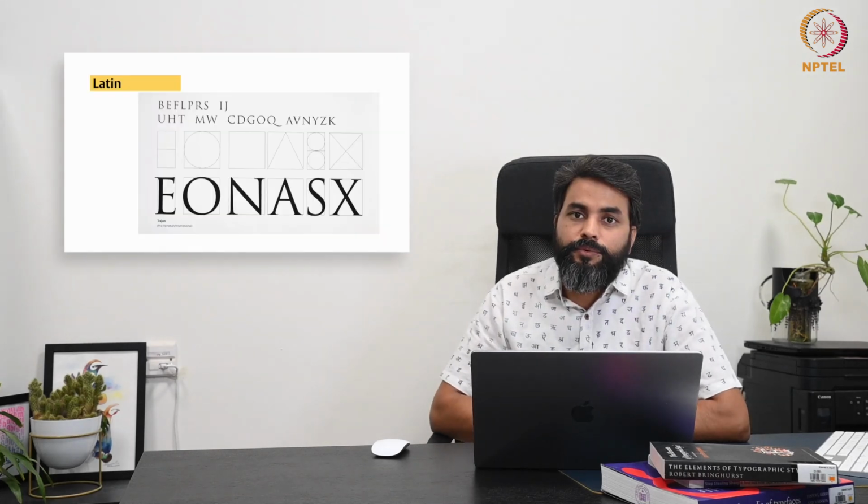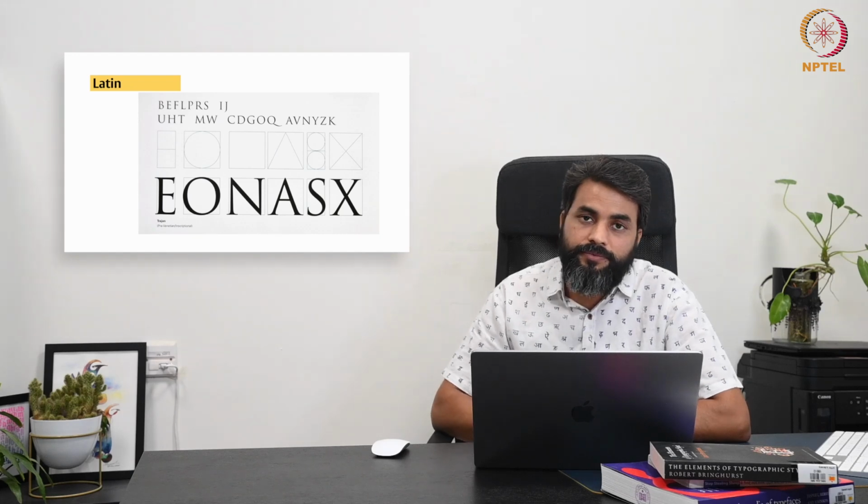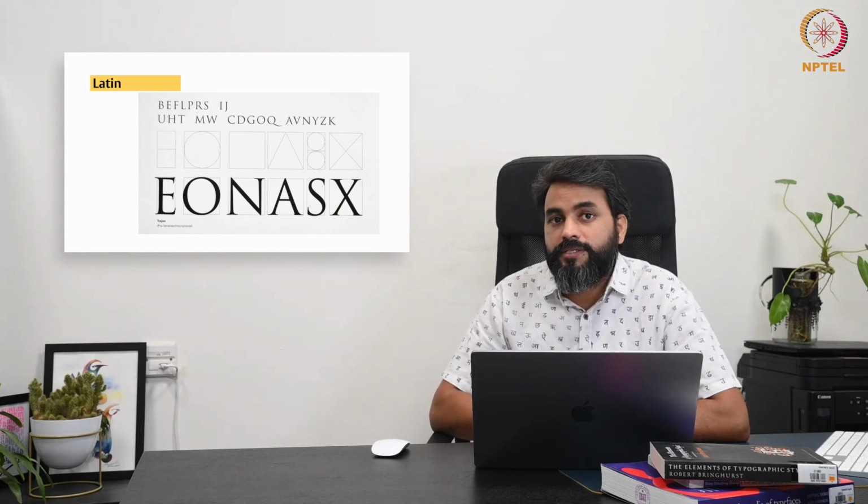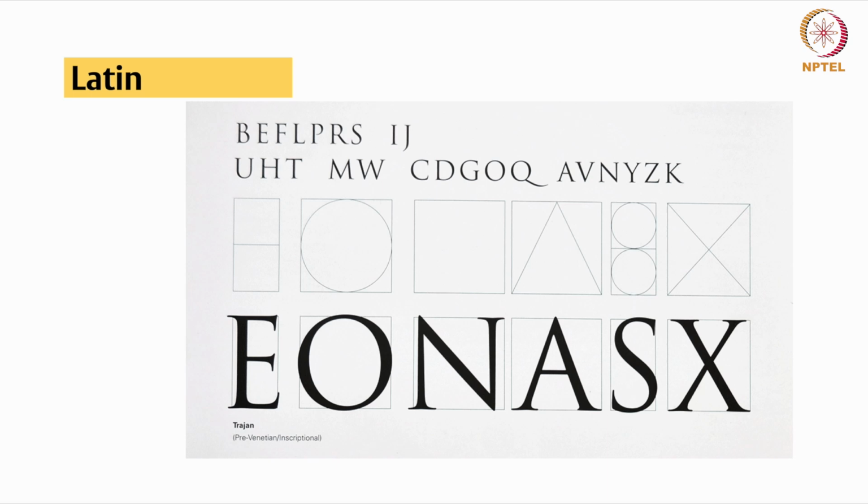That's why if you group these letters based on their width or other characteristic features, you will find certain patterns, such as letters B, E, F, L, P, R, and S can be grouped in one group. And similarly, I and J can be grouped in another group, or C, D, G, O, and Q. And this grouping here is happening because of the width of the letter.